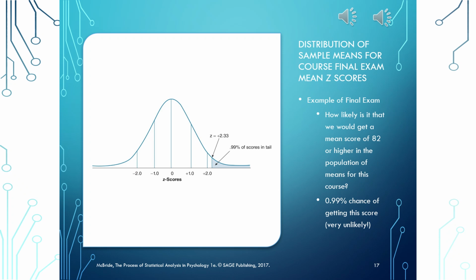So what that means is that it's actually unlikely that the sample even came from this population distribution at all, meaning the sample of students who took the final and altogether got an average exam score of 82, they're probably somehow different from the population we were comparing it to, which is all of the previous classes, all the previous students from that class.